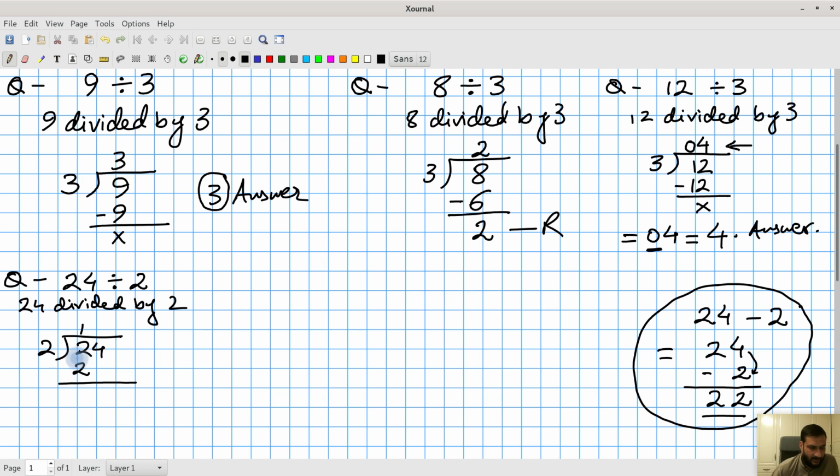This is only and only if you have a subtraction question like this. Here, what we have done is we just took the first digit, and we are just managing the first digit. We have completely ignored this number here at the moment. So when we do this multiplication, 2 1 times is 2, we subtract only these two numbers.